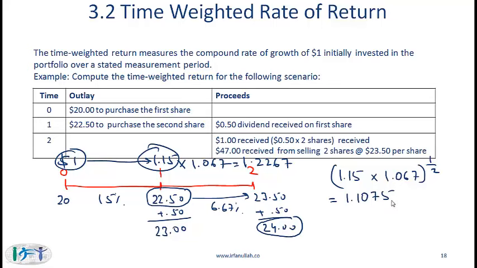This means that each period on average the rate of return is 0.1075, which is the same as 10.75%.